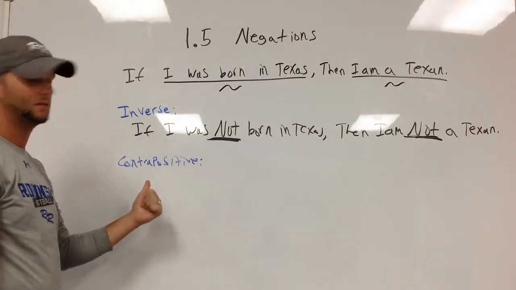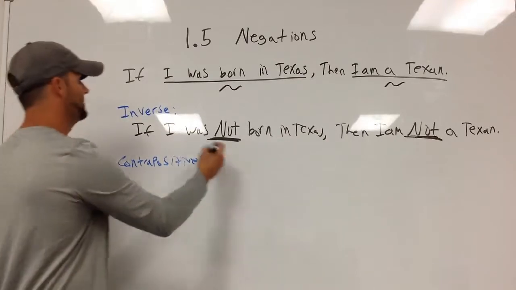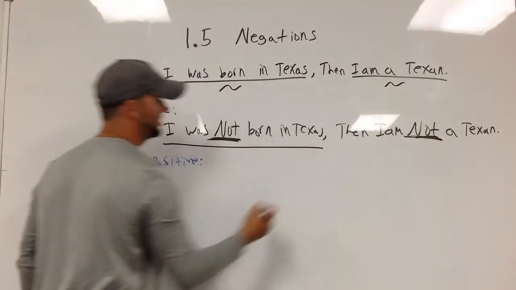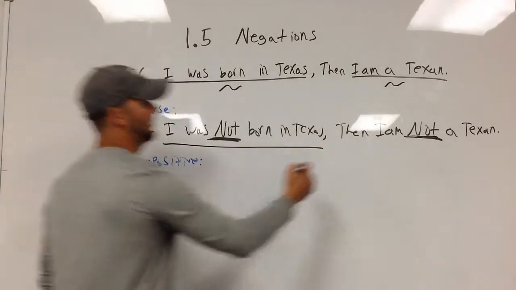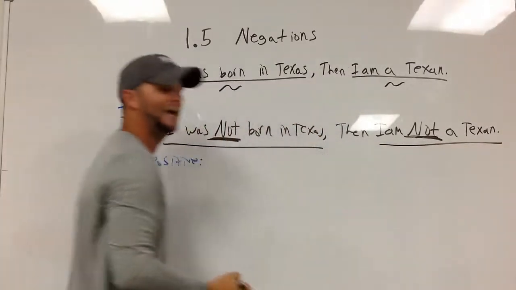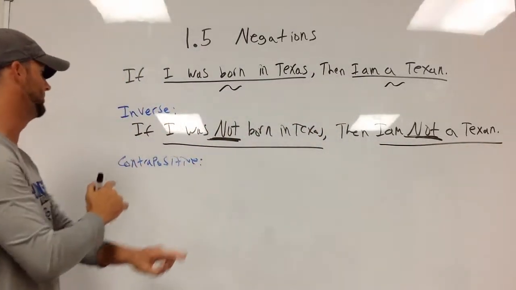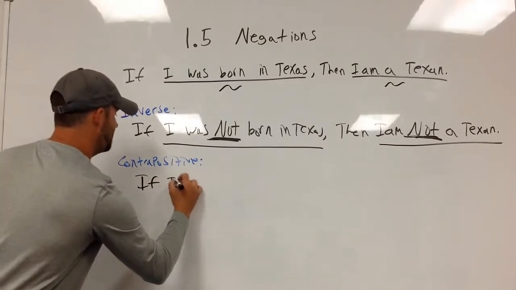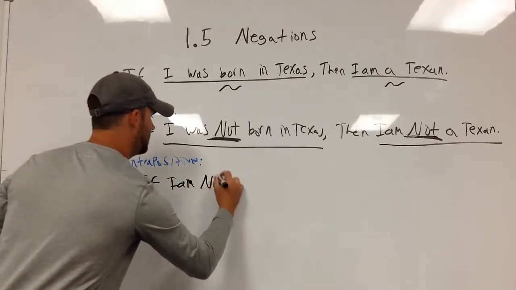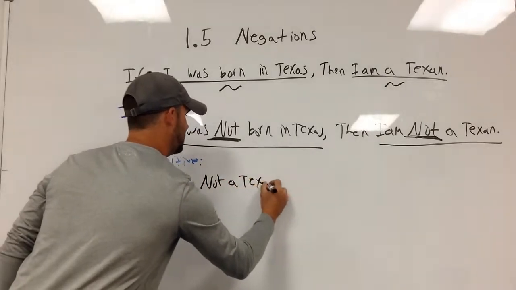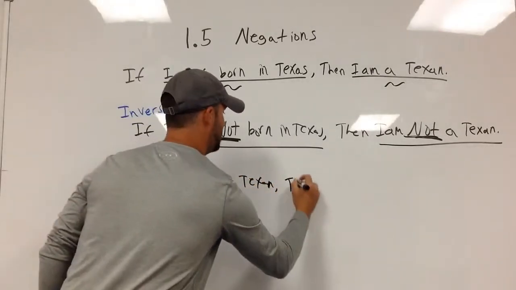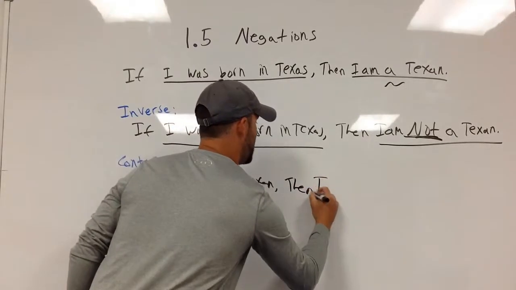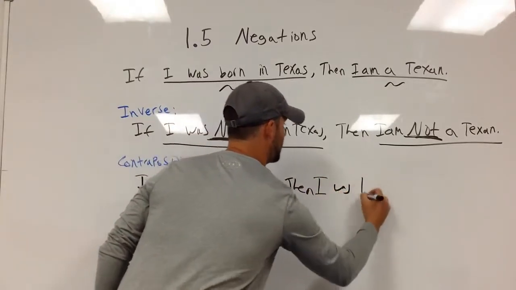Does that make sense? So for contrapositive, I would take this right here, which is my hypothesis, and I would take this, which is my negated conclusion, and I would swap those. So now the contrapositive would be: if I am not a Texan, then I was not born in Texas.